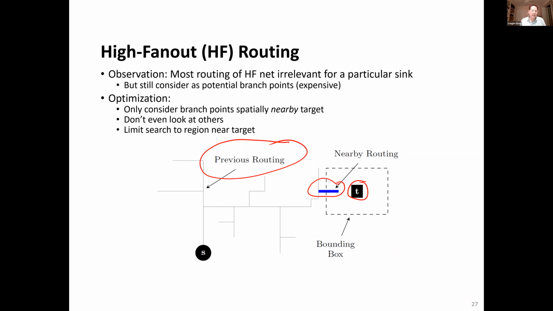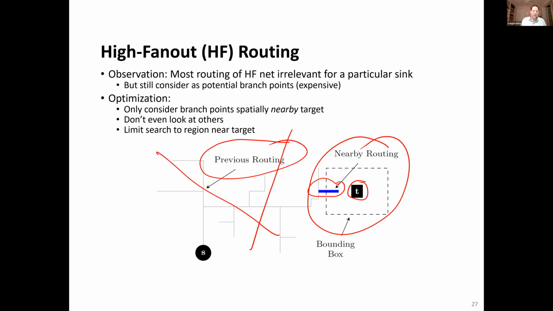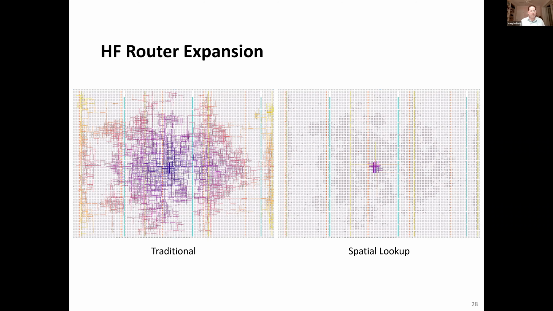And we found that even looking once at all of these previously used routing segments took a significant fraction of our runtime. So we don't even want to look at this part of the routing tree when we're routing this one if we don't have to. So we use a spatial sorting structure that allows us to not even look at most of the routing tree as we're connecting it to more and more connections.